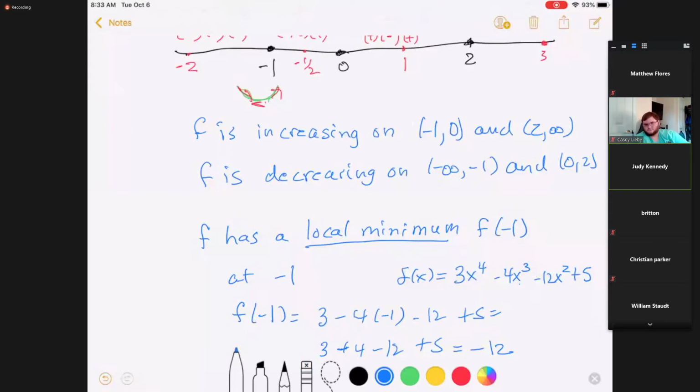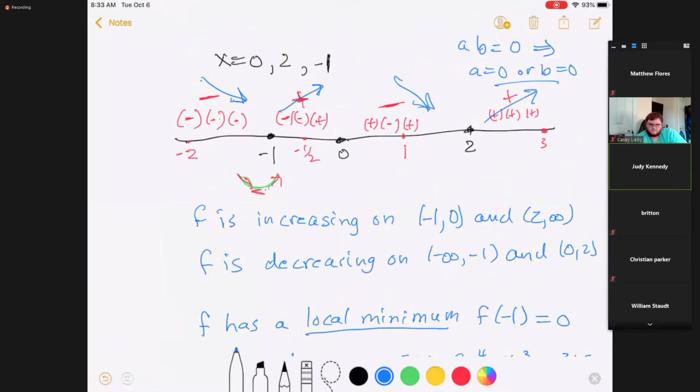Oh yeah, of course it does. All right, yeah, that's possible. F of minus 1 is 0. Okay, so we have a local minimum f of minus 1. It happens at minus 1, but the local minimum is 0.